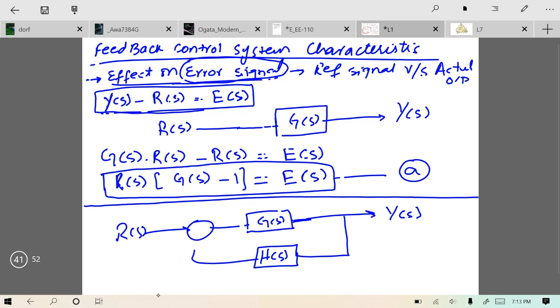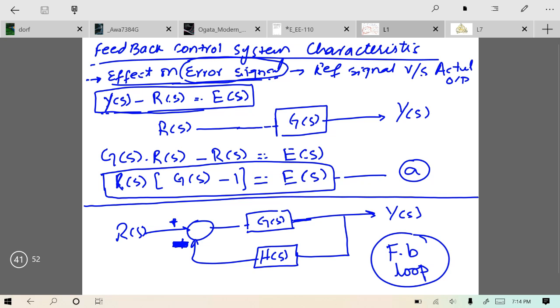It goes into the comparator, and the output is also fed back. Let's make it a positive feedback at the moment, or it would be better if we call it a negative feedback because we are calculating error. So for error, it would be better if we take it as a negative feedback. So this is a feedback loop.